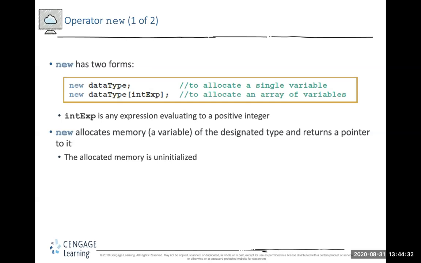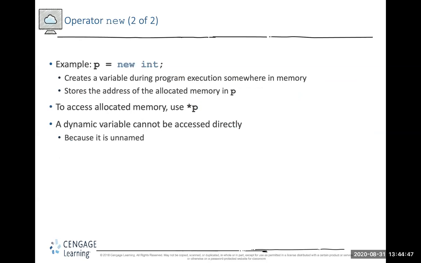Basically right now, if you just declare it, it's kind of a random memory location. It's not initialized yet. You could use the new operator to create an int variable.